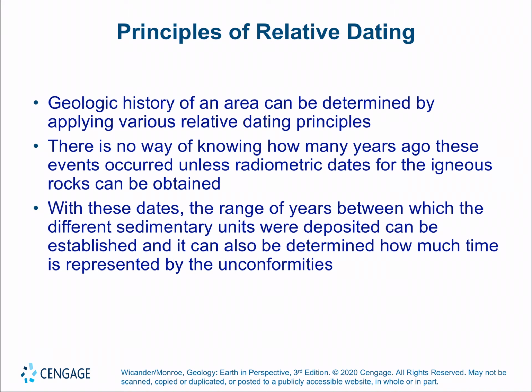With those dates, we can determine the range of years between which the different sedimentary units were deposited. It also can help us determine how much time is represented by the unconformities.